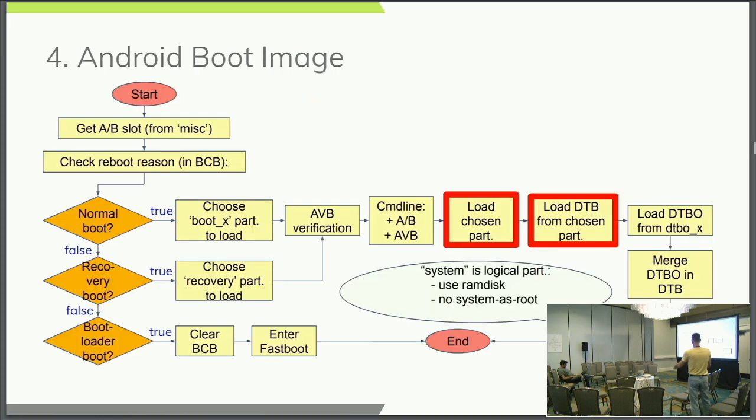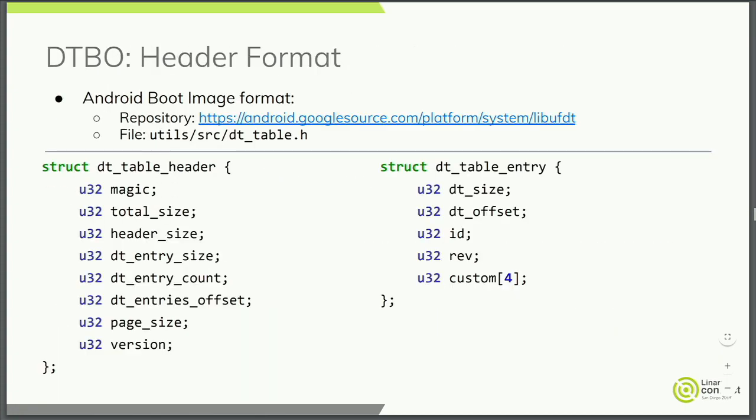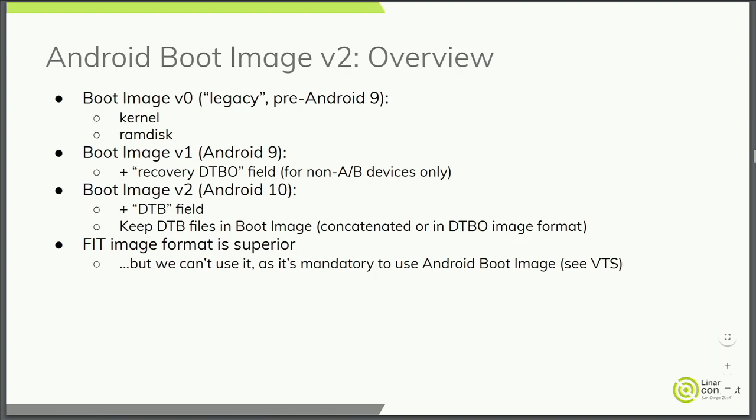So let's get to the next one. The next thing is one of the major things, I would say. It's the Android boot image, and you all probably know what the Android boot image is. It is basically a format to keep your binary stuff like kernel, RAM disk, and so on.